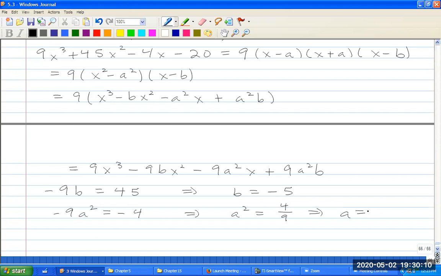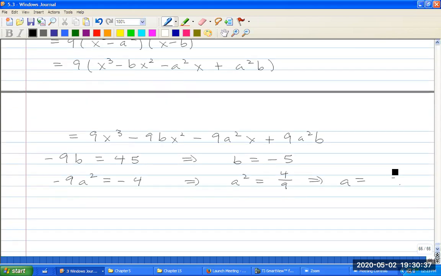So a is equal to plus or minus 2/3. I could either pick plus or minus, it doesn't really matter, because a and negative a are both solutions. So let's say I pick a to be the positive 2/3. Then the other one will be negative 2/3.